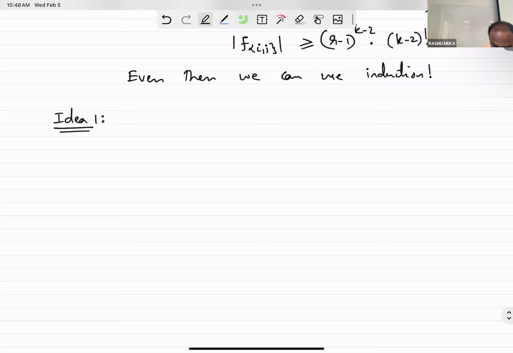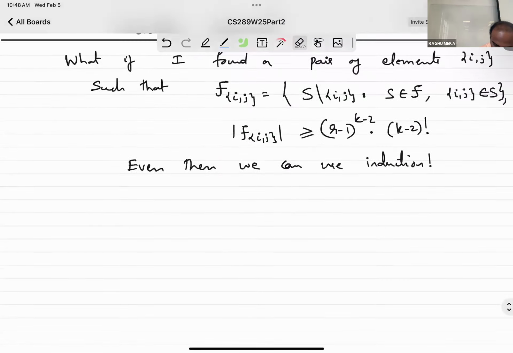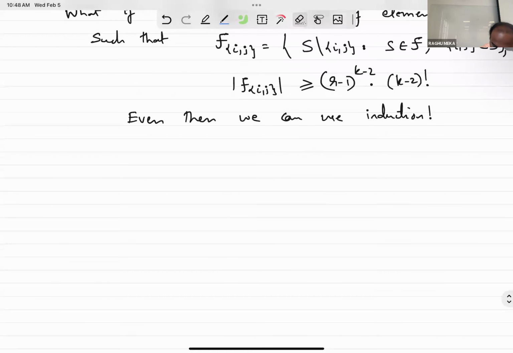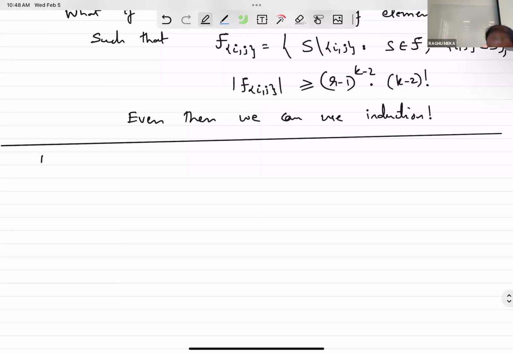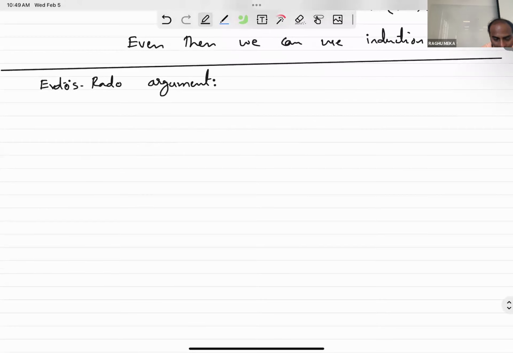Idea 1. Okay, so let's rephrase this argument, maybe. So the Erdős–Ko–Rado-style argument can be thought of as 2 steps. Maybe first let me define a definition.